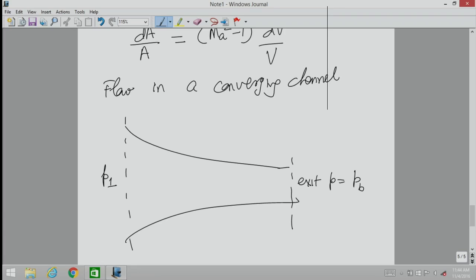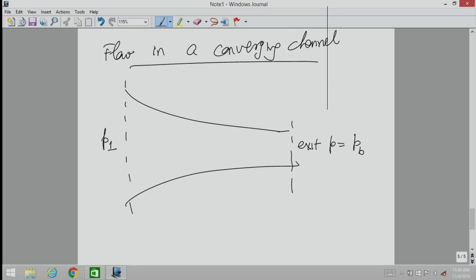So now we are looking at flow in a converging channel. If PB is equal to P1, if the back pressure is the same as where it starts, then you realize there will be no flow. If it's a stagnation condition, there will be no flow.